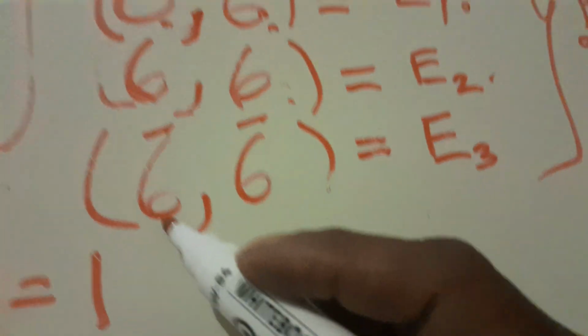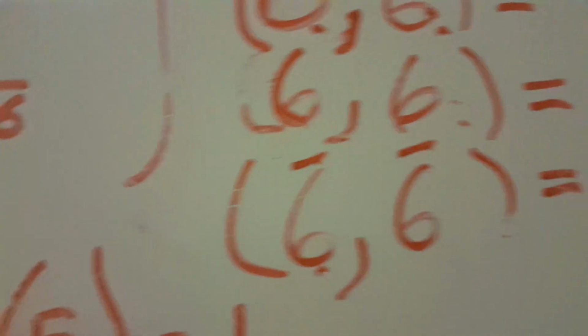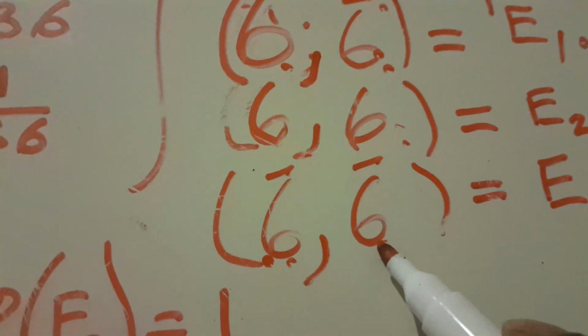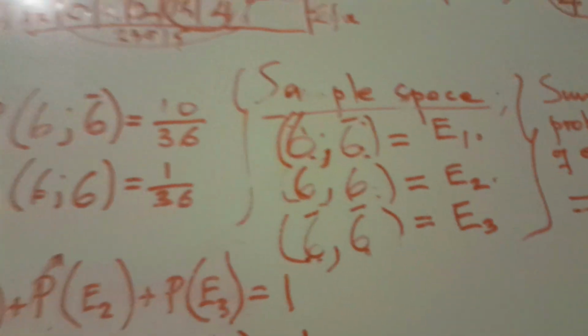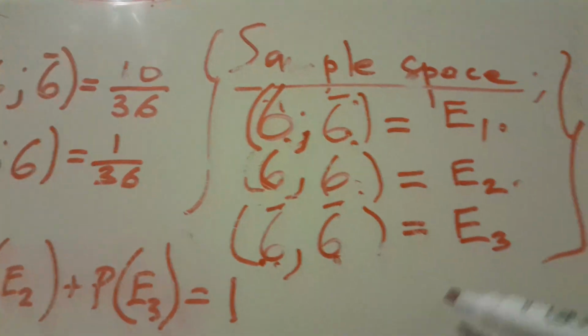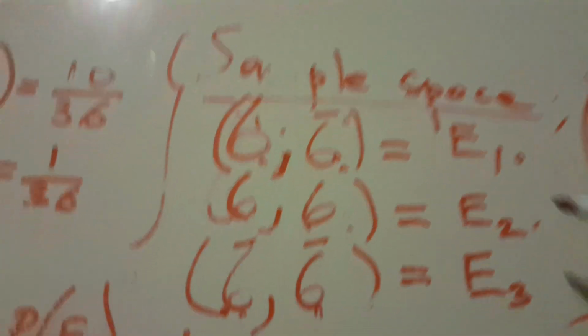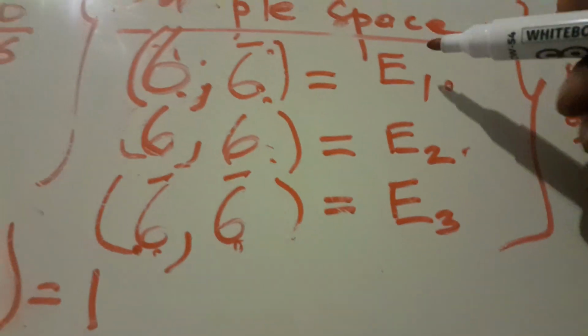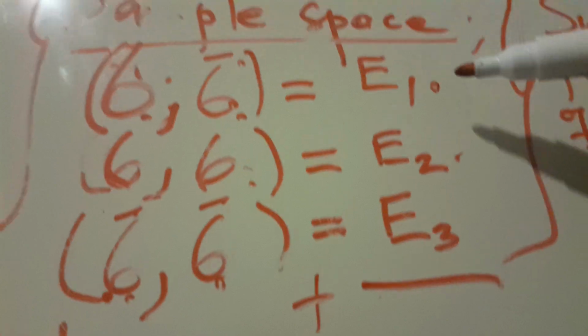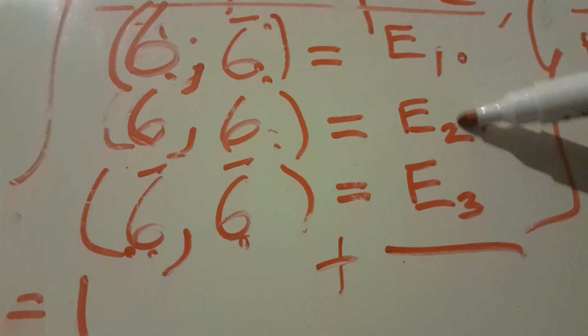And then the last event, which is not indicated in terms of probability, is not a 6 and not a 6. But we know for a fact that the total sum in the sample space, we are going to get it by adding the outcomes for events 1, 2, and 3.